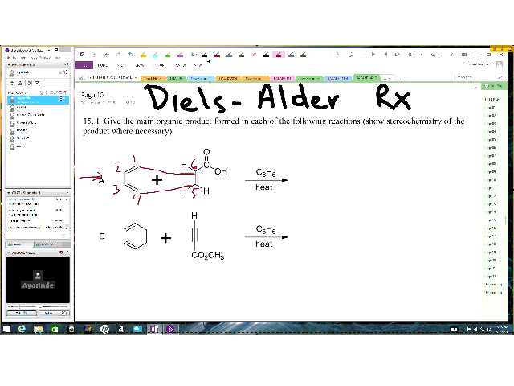All Diels-Alder reactions must form a six-member ring. Let me go ahead and number the carbons. These are carbon 1, carbon 2, carbon 3, carbon 4. These are carbon 5 and carbon 6. All the time you must have a six-member ring.